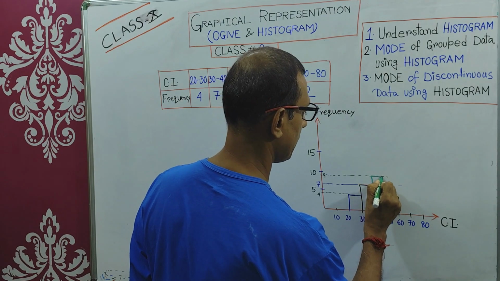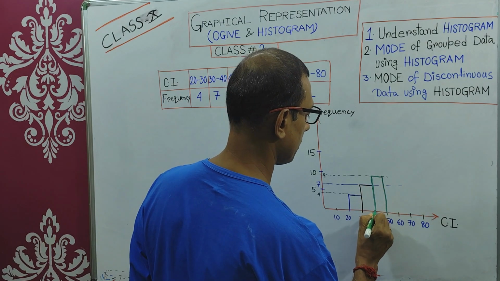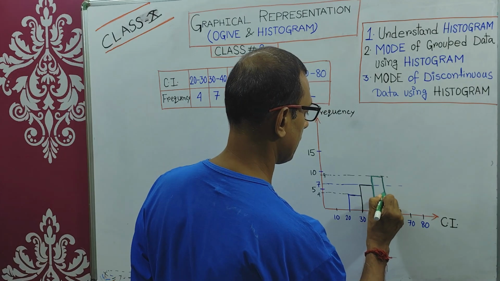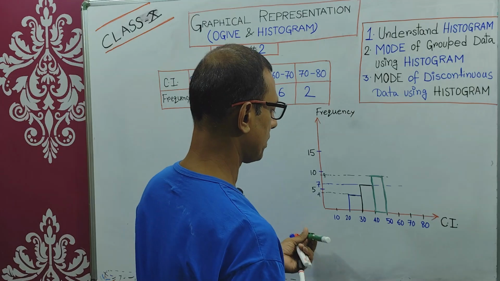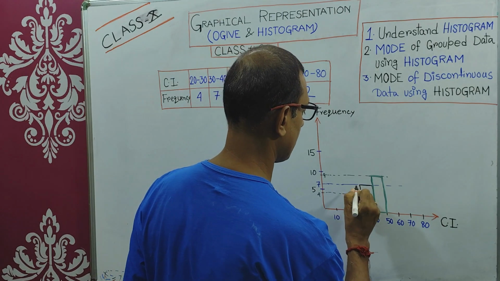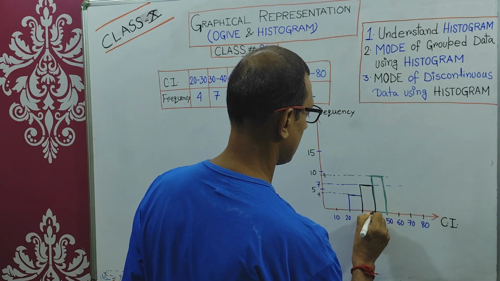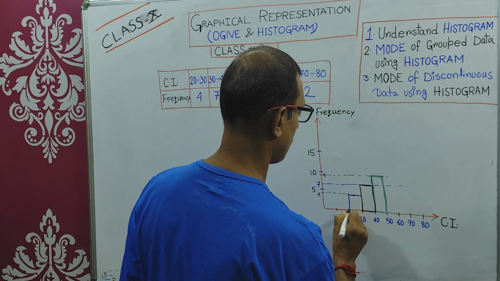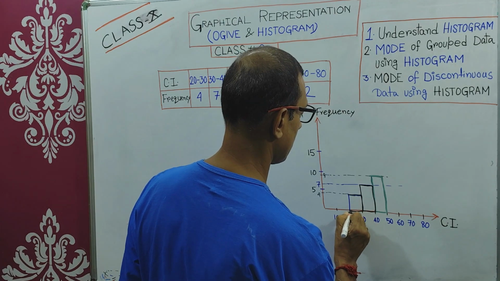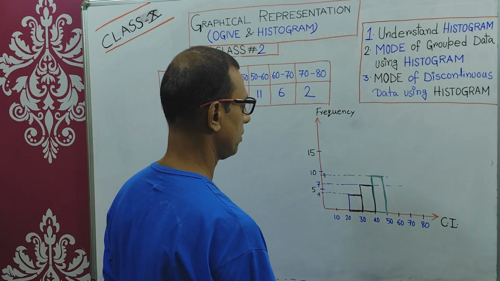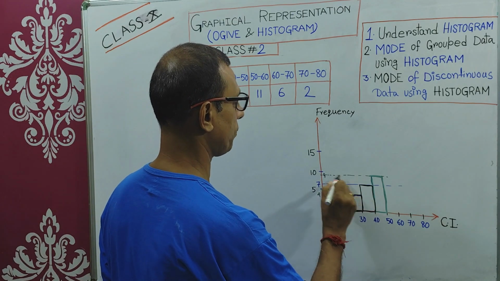So this green is representing 40 to 50, which is 9. This black part represents 30 to 40, and 20 to 30 is this one. That is 4 for 20 to 30, 7 for 30 to 40, 9 for 40 to 50.